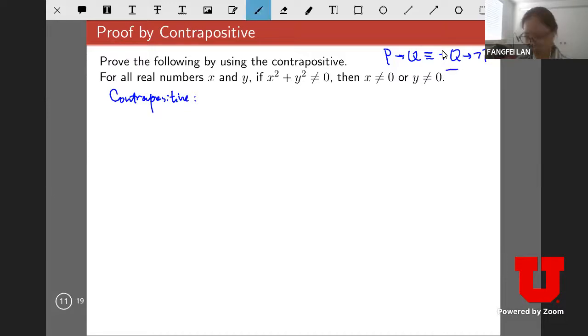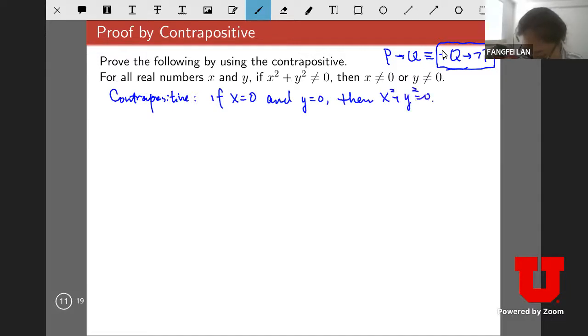So if we have this to be the contrapositive, not Q implies not P, what is the statement? Yes, I see it in the chat. That is correct. If x equals 0 and y equals 0, then x squared plus y squared is 0.